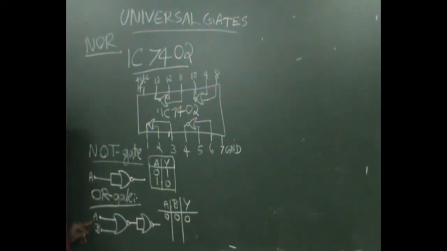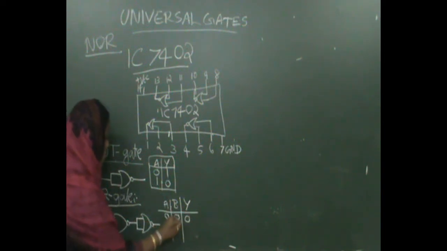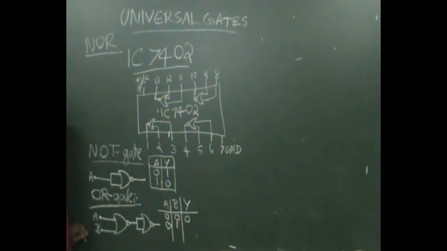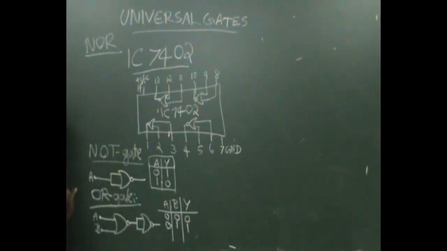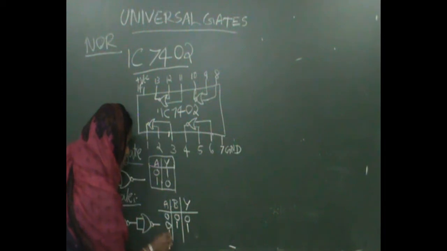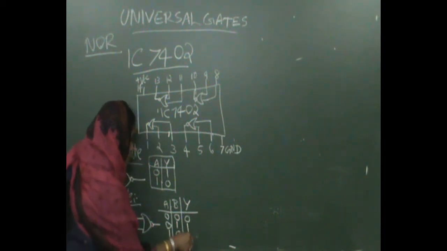Now 0 and 1. A is 0 and B is 1. Now what happens? 0 NOR 1 means 1 inverted, 0. So here 0. That 0 gets inverted again, you have 1 here. If you have 1, 0, again you get 1 here.